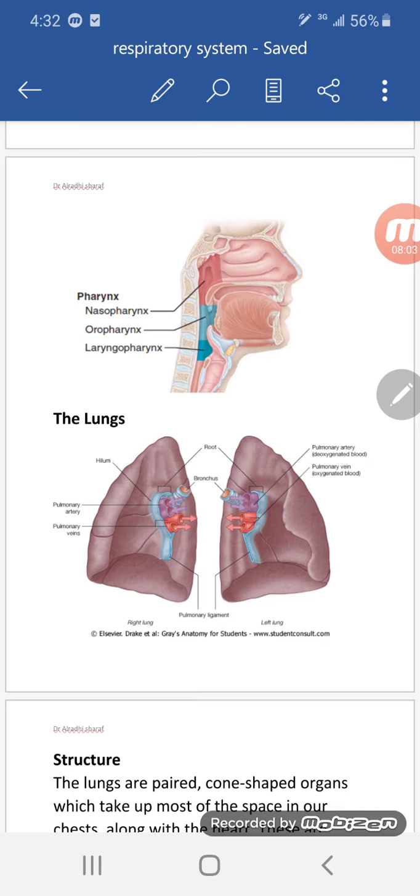We know the difference between nasopharynx, oropharynx, and laryngopharynx, and we know the components of the hilum, what the blood vessels of the respiratory system are, how many lobes are in the right lung and how many lobes are in the left lung, and what the membrane surrounding the lung is.